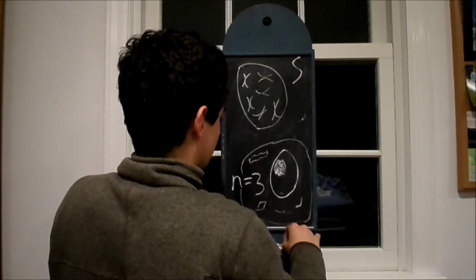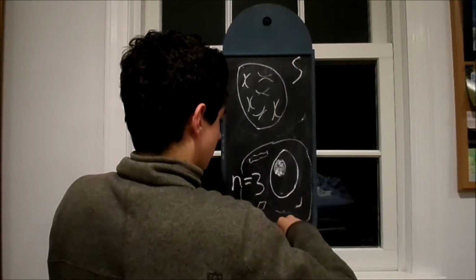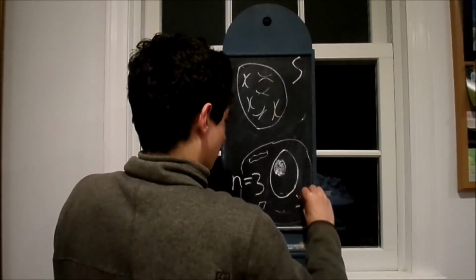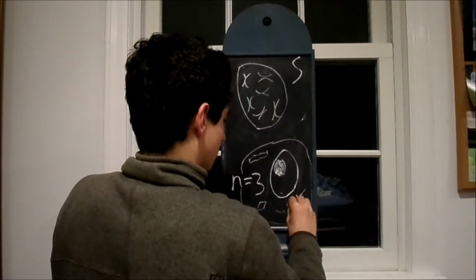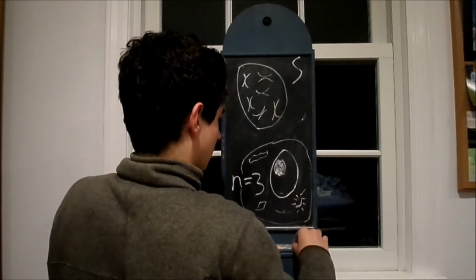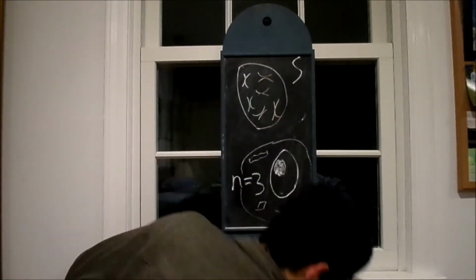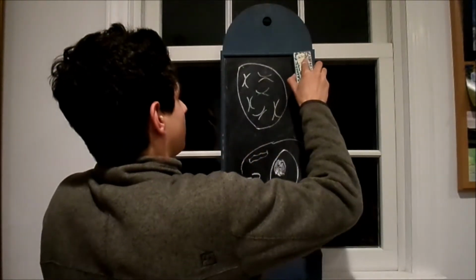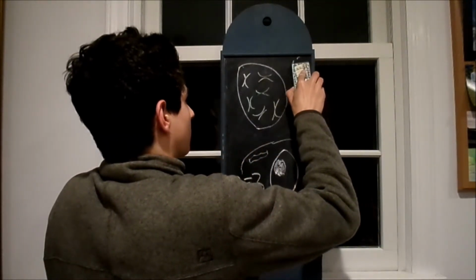In the synthesis phase, after the DNA is replicated, the cell cycle regulators, I should say, check to make sure that there are no errors in DNA replication before advancing to the next phase, which is G2.